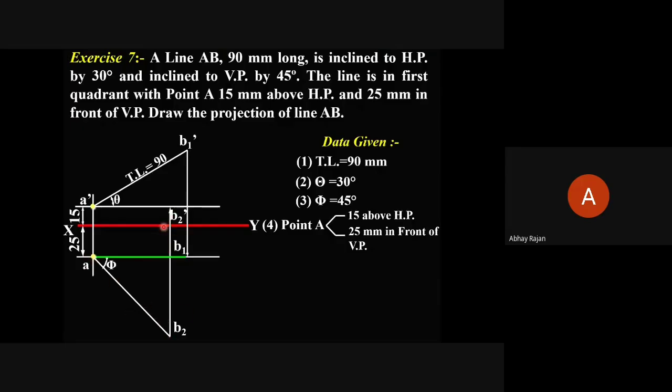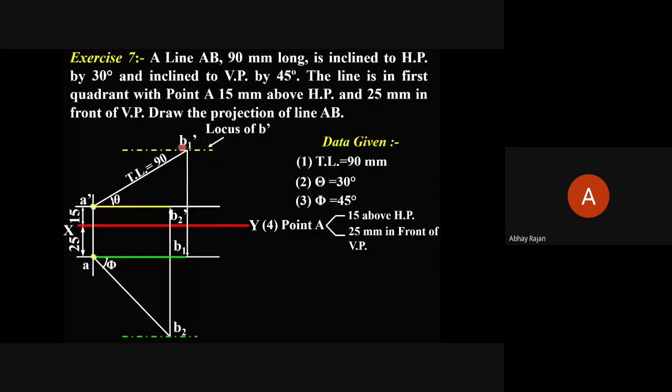Now you can see these lines, right? A dash, B2 dash, as well as A and B1. Now we are going to draw some locuses, meaning our end view. This line is inclined to both HP and VP, so our final projection will be somewhere on a line.